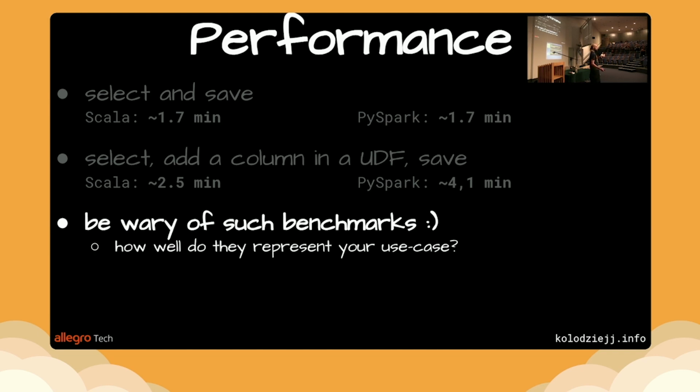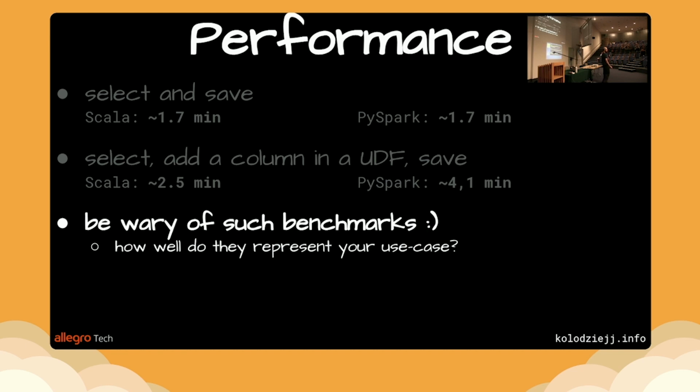Don't look at such benchmarks too much, because while they can help you build an intuition about some single small parts of your code, how does this small piece actually represent your whole code? How well does the benchmark represent your data also?